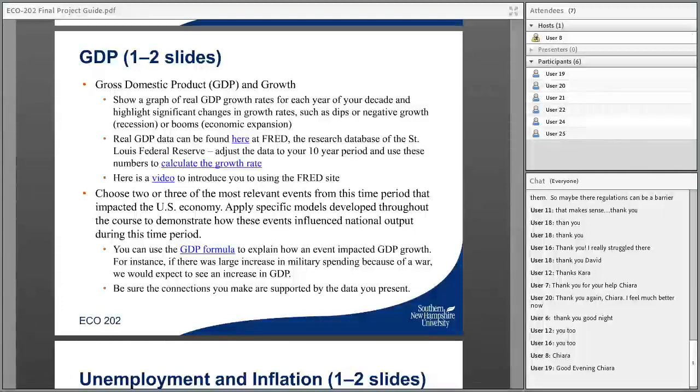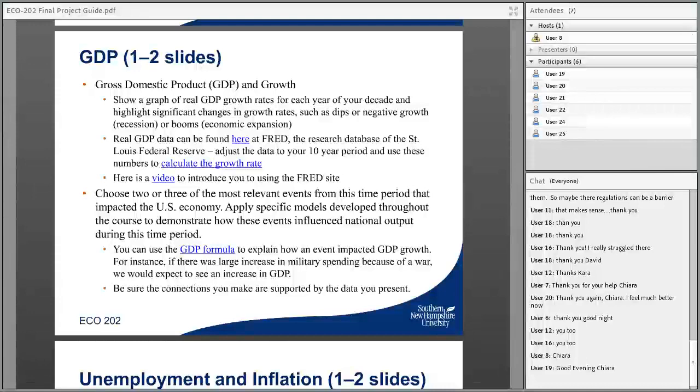At the same time, here again, you are relating unemployment and inflation to the events that cause them to change. The events are likely the same that affected output and the GDP, because all these variables are connected. So you can use the same events, and you want to provide a more nuanced insight.